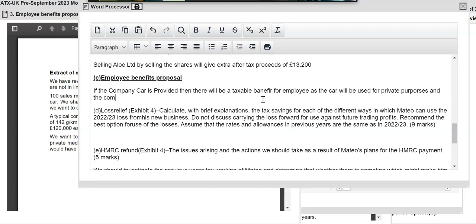And the company has to pay the corporation tax.